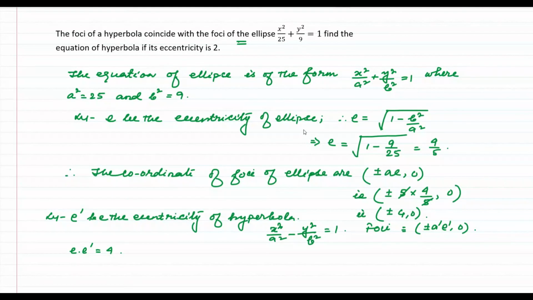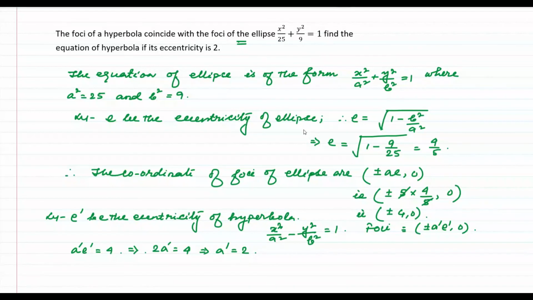That implies twice a prime equals 4 and a prime equals 2.